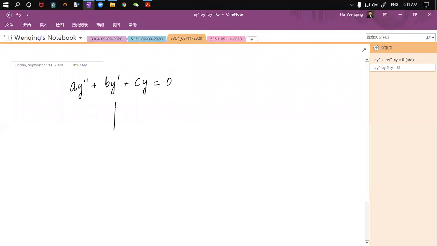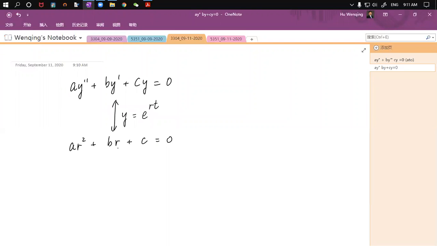I want to solve it. Then it is connected by setting y is e power rt. Then you get ar squared plus br plus c is equal to 0. So the equation in the lower part of this picture is easy to solve. It's pretty clear how to solve this equation, right?